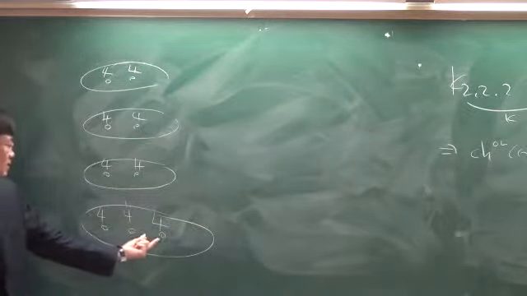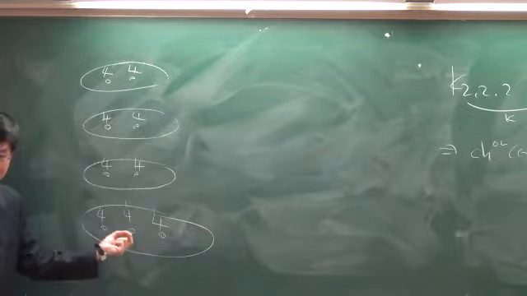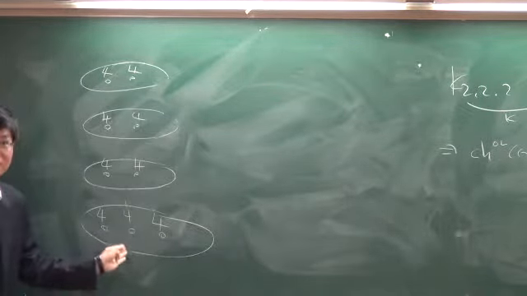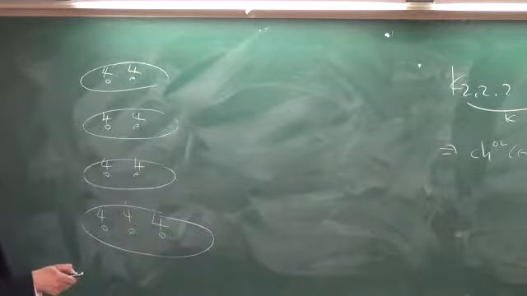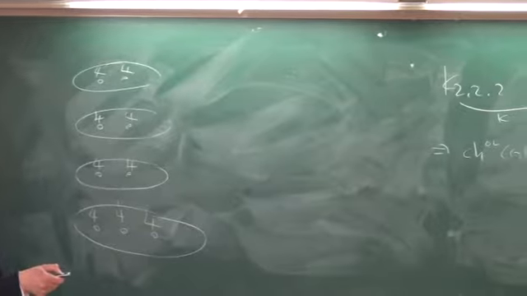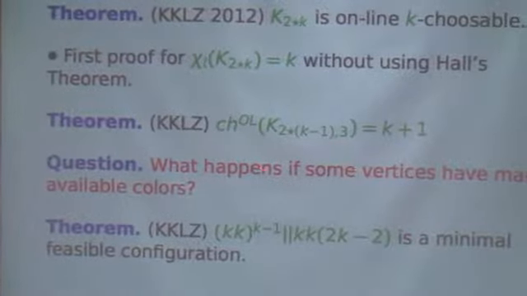So it means each vertex has 4 choices, right? So in this condition, this result implies Bob cannot complete the coloring.